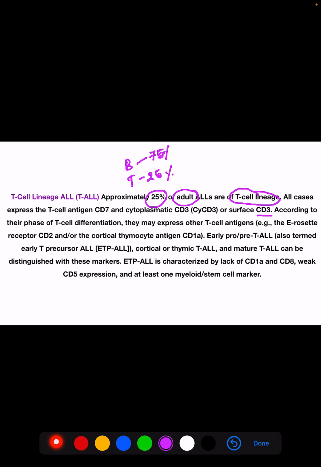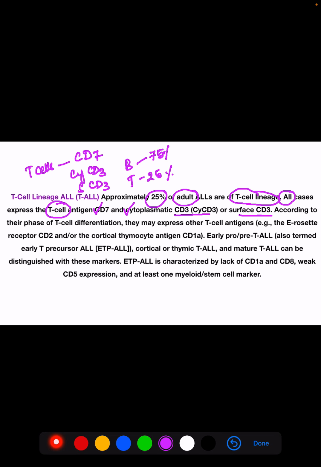These are important. So what will T cells express? They express CD7 and cytoplasmic CD3 or surface CD3. All cases of T cell leukemia express the T cell antigen CD7, and cytoplasmic CD3 or surface CD3.